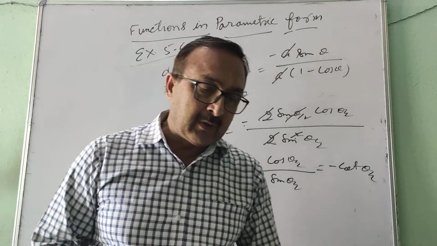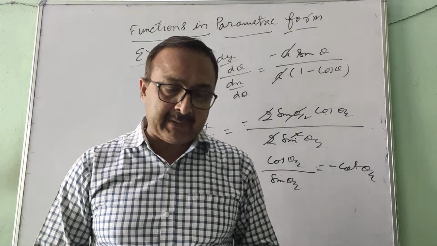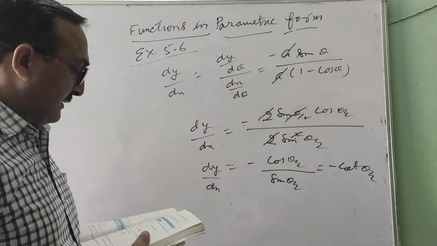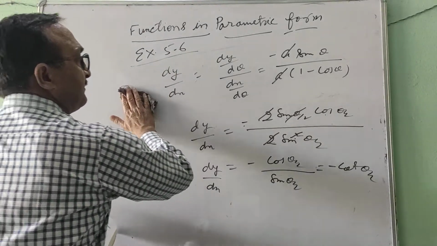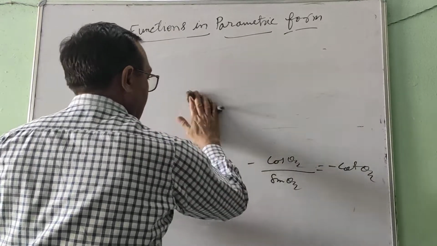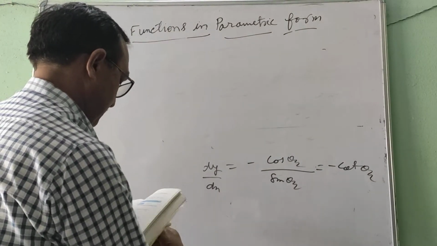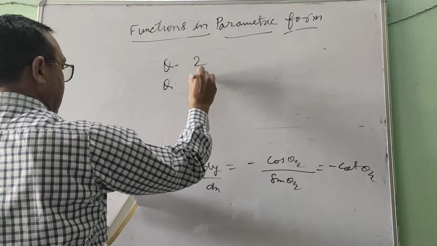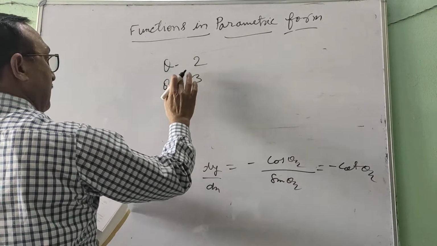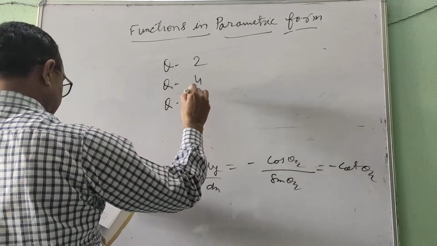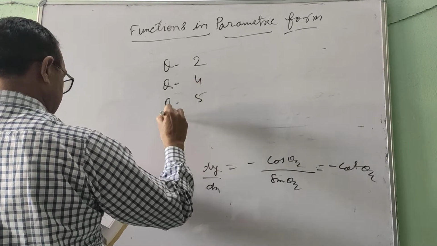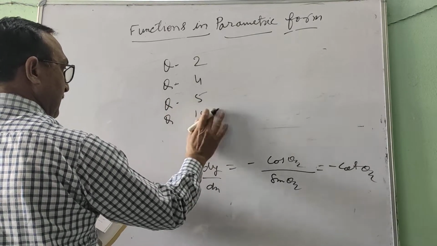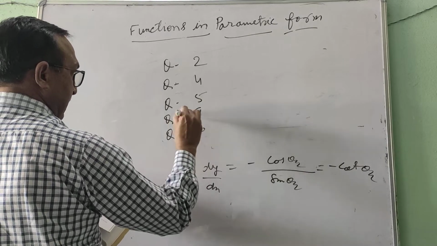I hope you understood what a parametric function is and how we deal with a parametric function with the help of the chain rule. So today you try exercise 5.6 question 2, question 4, question 5, question 9 and question 10.